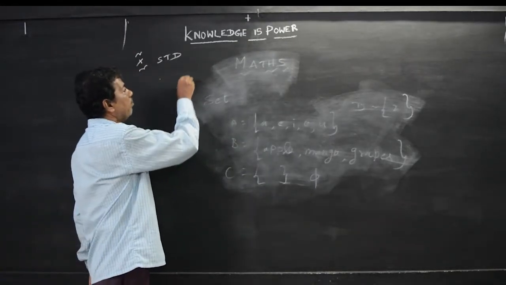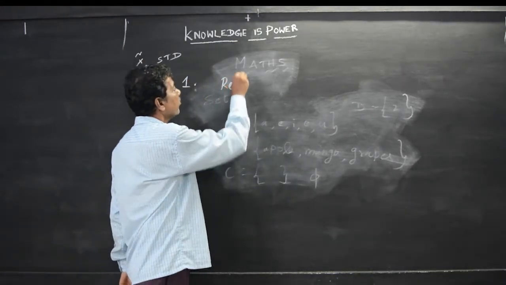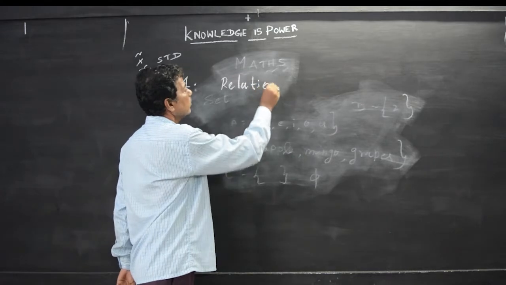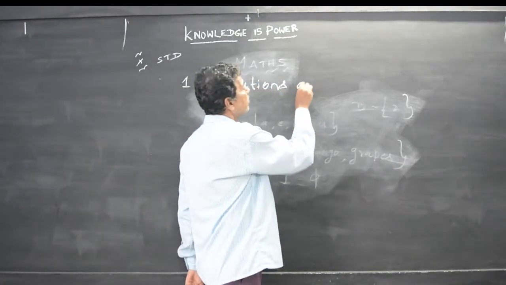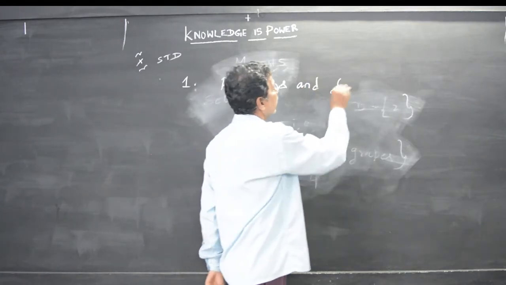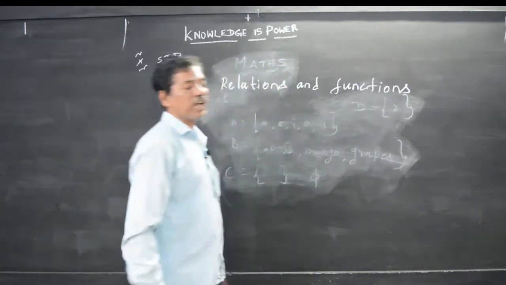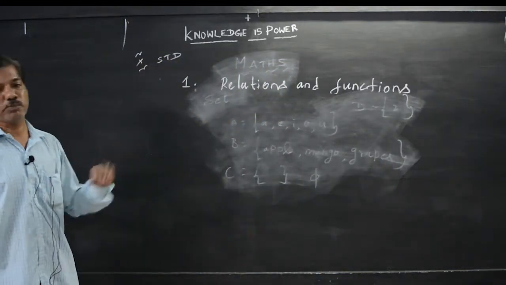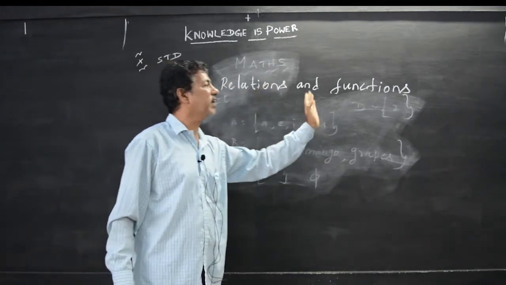Now, chapter number 1: Relation and Function. This is the first chapter in the textbook. If you take the textbook, we can see that the first chapter is Relations and Functions.